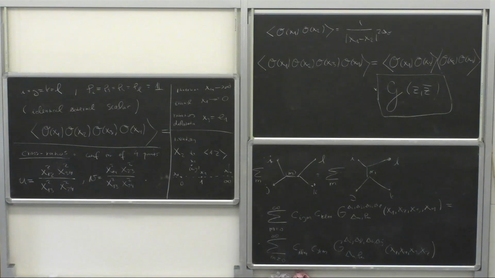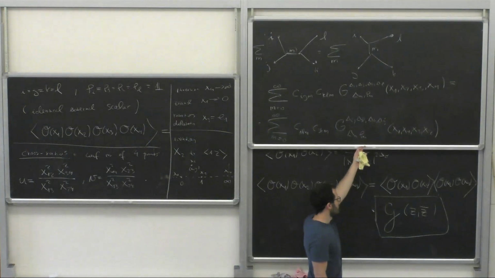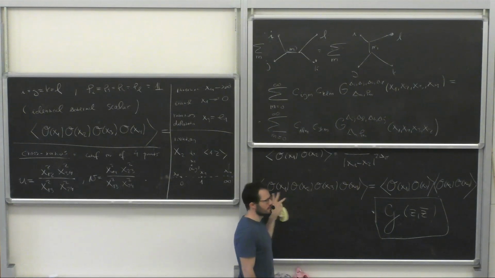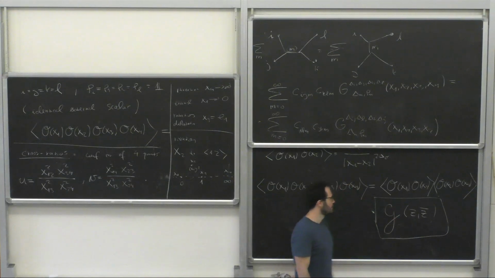Yeah, any more questions? Mm-hmm. The fact that the four-point function can be written this way is related to the... Nothing really factorizes. I mean, it's just a trick, right? The four-point function doesn't factorize because it contains this. So this doesn't factorize.